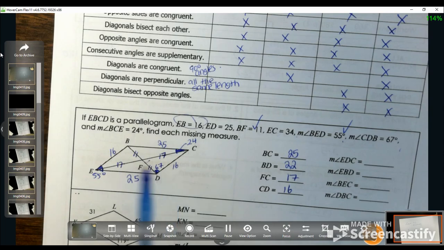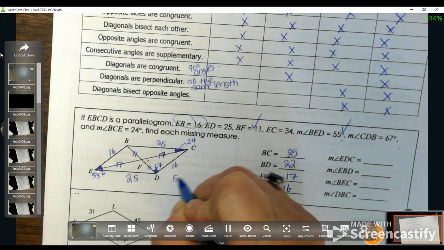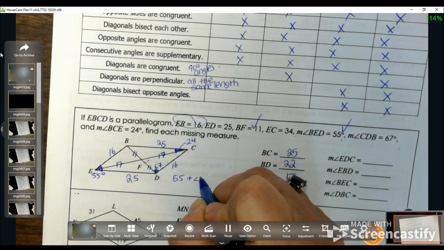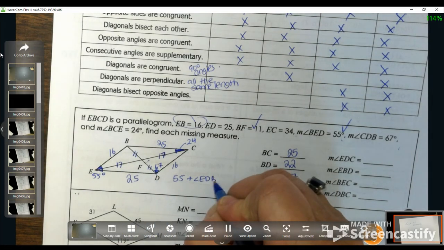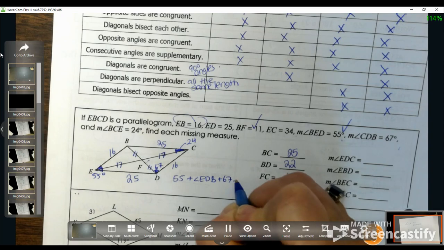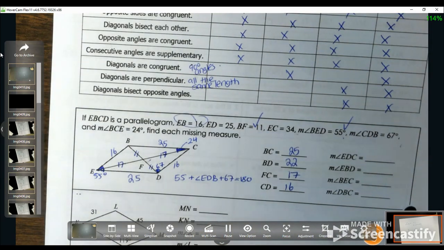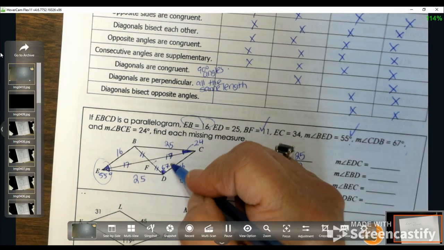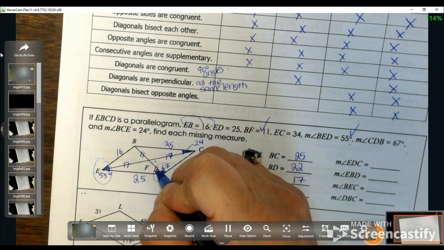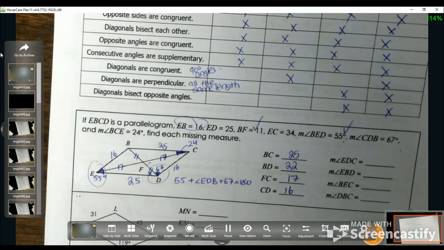So we know that angles next to each other add to 180. So I have 55 plus angle EDB plus 67 is equal to 180. Both of these angles together is 180, and I'm going to use this value over here as my x.